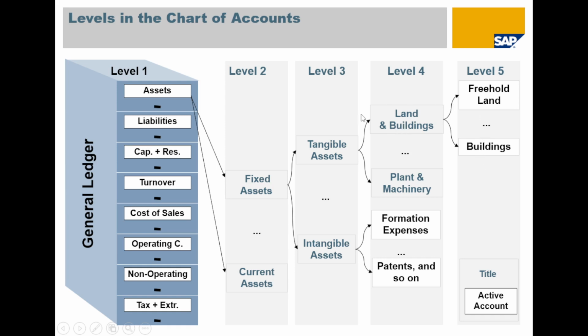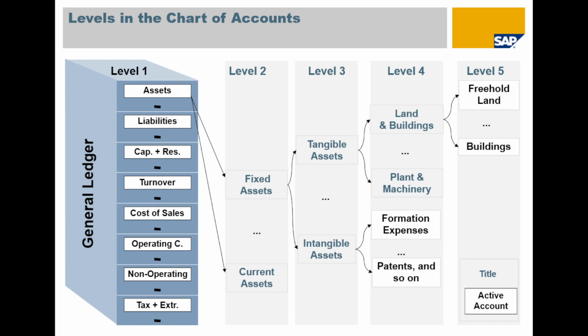These accounts from level 1 to level 4 are title accounts. It means they don't have any value, but they serve as a container for what we call the active accounts. The active accounts are all held in level 5 and they contain every detail of any transactions associated with that account.